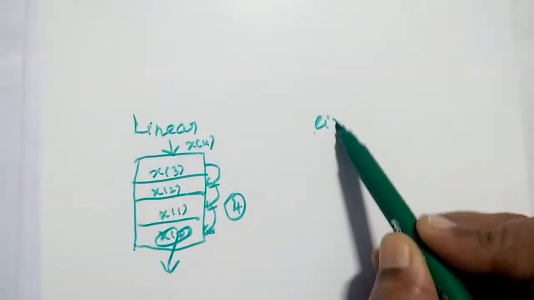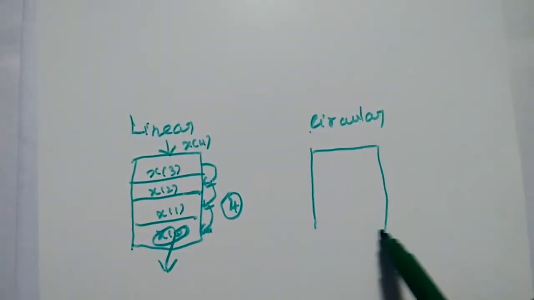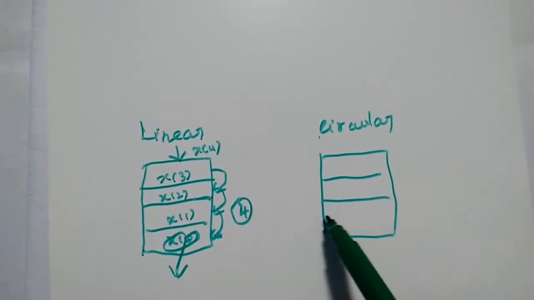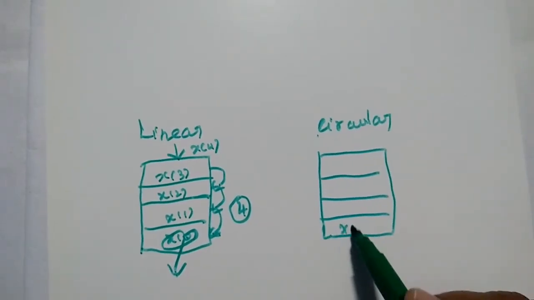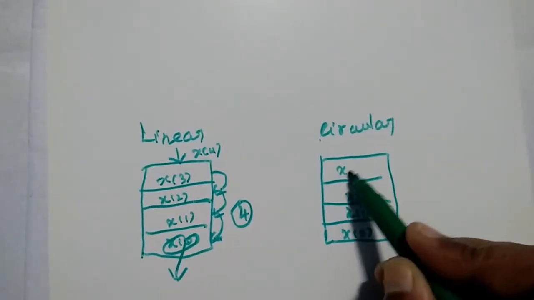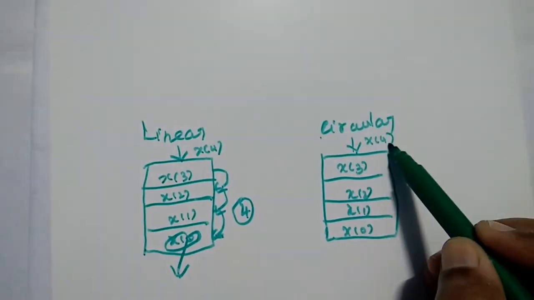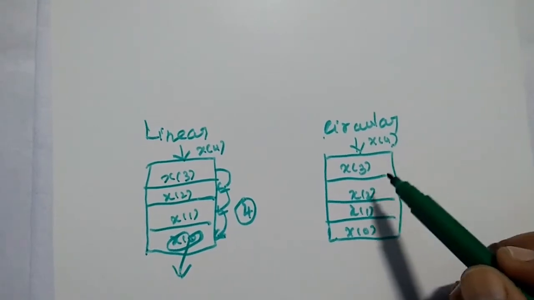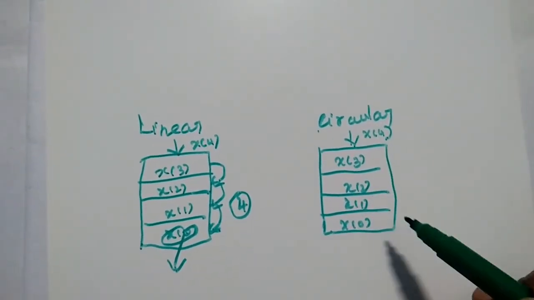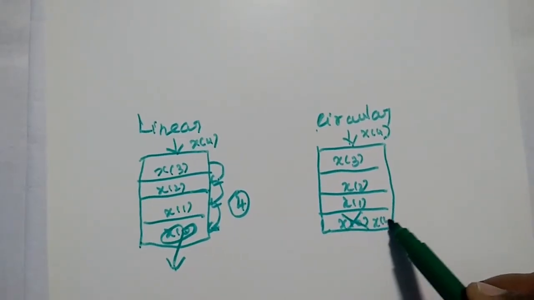But in case of circular, for the same 4 storage area, we can take the values like this: x of 0, x of 1, x of 2, x of 3. If I want to insert x of 4 to the storage area, instead of moving all this data to the next memory location, it is going to replace this x of 0 directly.